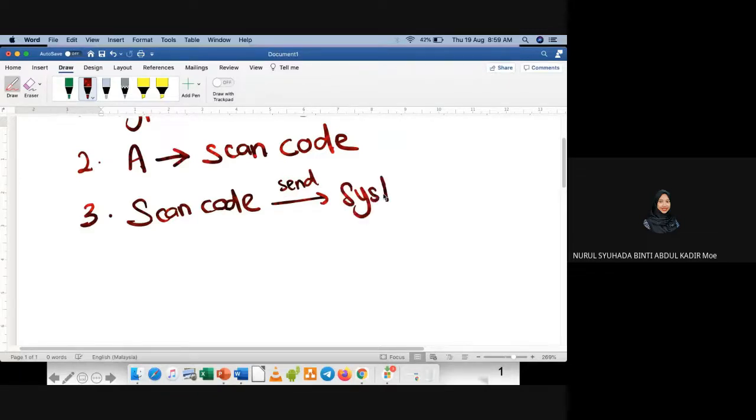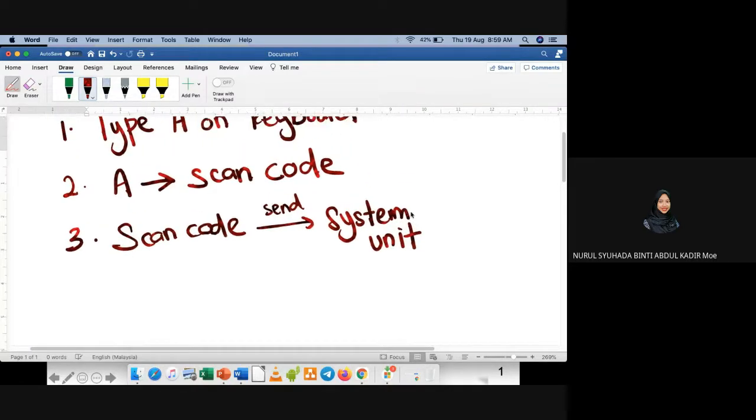So siapa yang pernah belajar computer system last semester, system unit ni adalah benda yang ada dalam processor. Basically the scan code will be sent to the system unit in the processor.